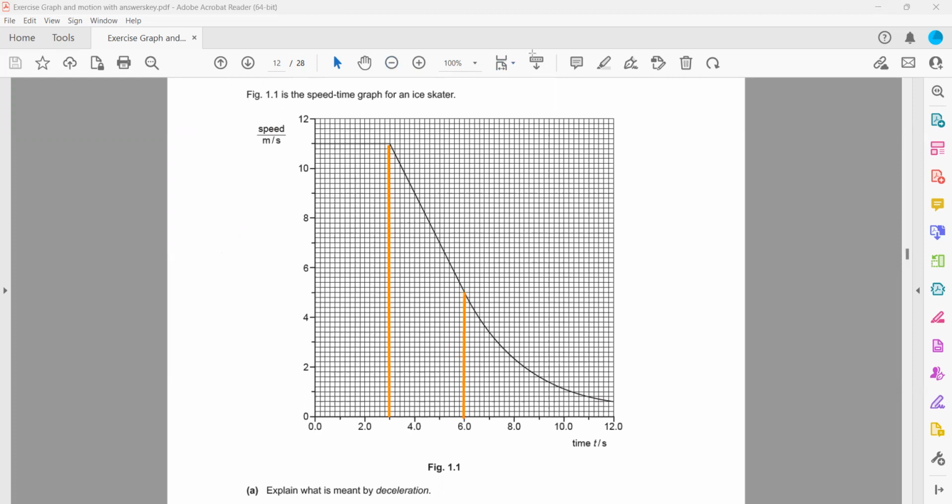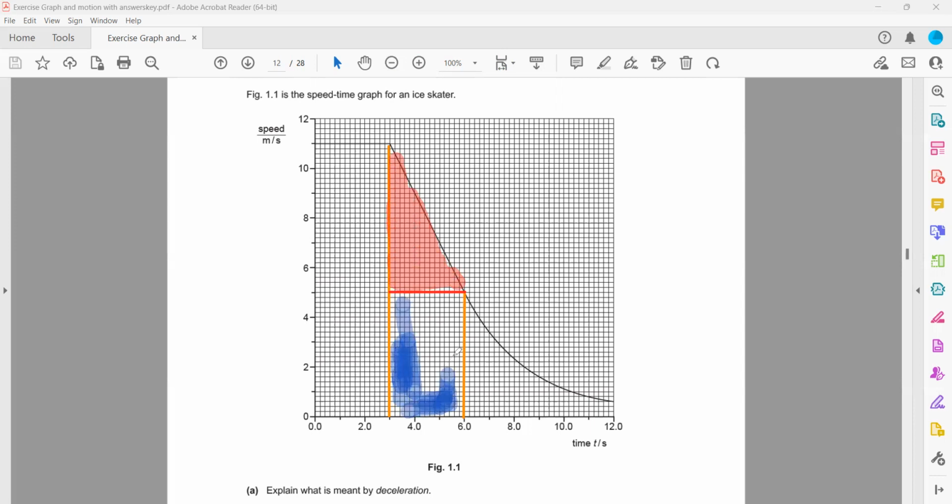Area under the graph, if I draw this horizontal line, it will form two shapes. One is a triangle and another one is a rectangle.